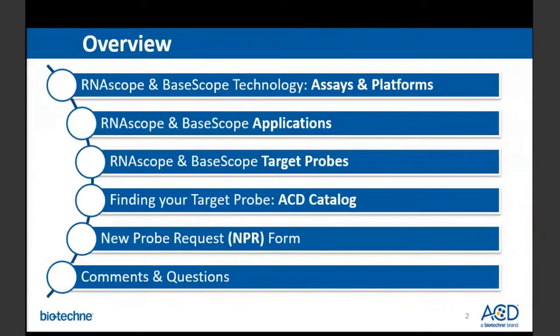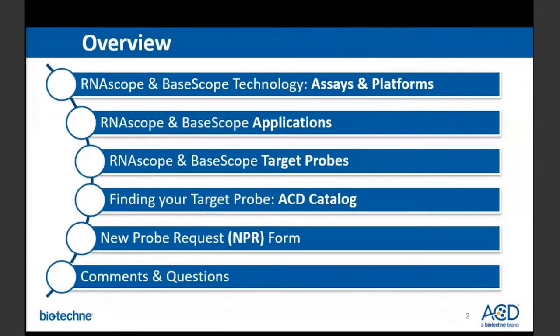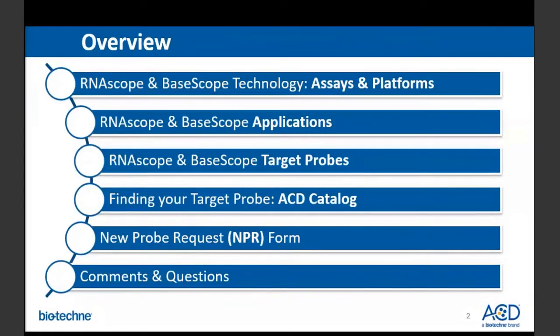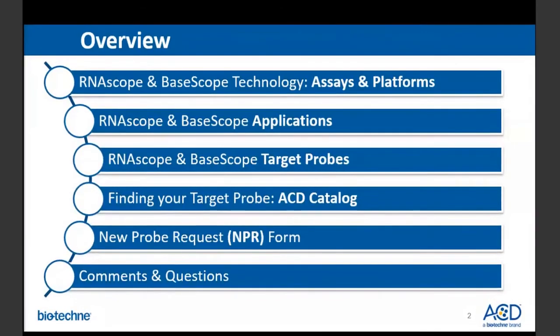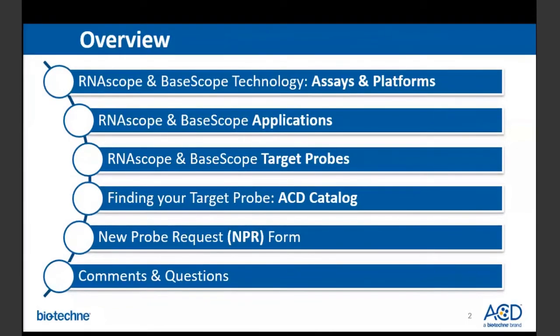So today we'll start briefly with our core technologies with RNAscope and BaseScope, looking at the assays and platforms that we have available, and then we'll briefly go into some of our applications and give you some ideas about maybe some of the things that you're using in your labs for your experimental approaches, and then move on to some of the target probes that we have available in our catalog here at ACD, which spans over about 26,000 probes, and then also looking at the new probe request form that we have launched last year and gives you an idea of where you can actually start the process when you have a target sequence of interest to submit to our bioinformatics team.